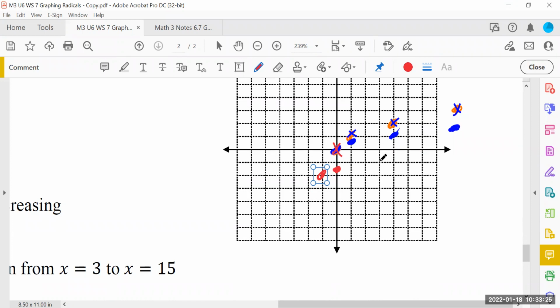Left 1 down 1, 2. And left 1 down 1, 2. Be like halfway right here. So I draw my graph in. Eventually it's going to hit the x-axis, right? We just don't see it on the graph right now.